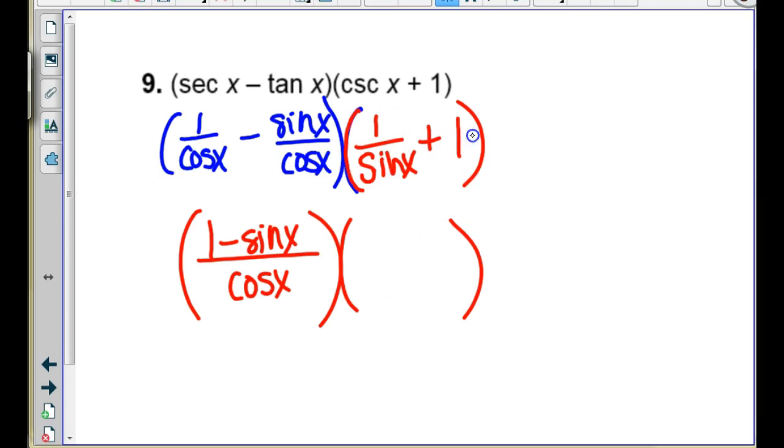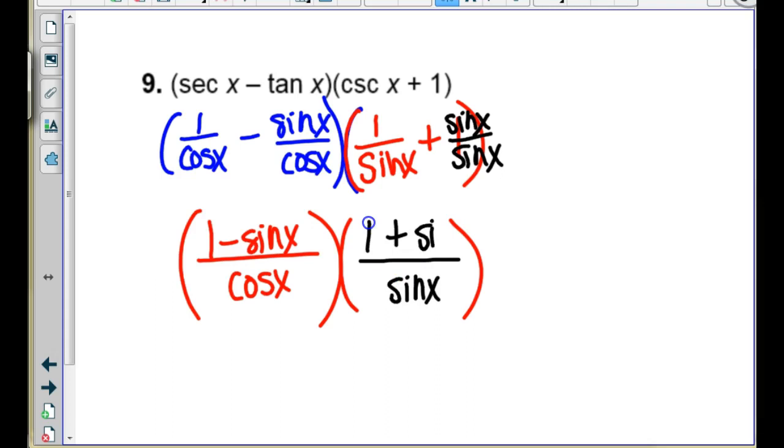Okay, so this 1 could become a sine over sine. So then what would we have as a single fraction? You have a common denominator of sine x, 1 plus sine up here.